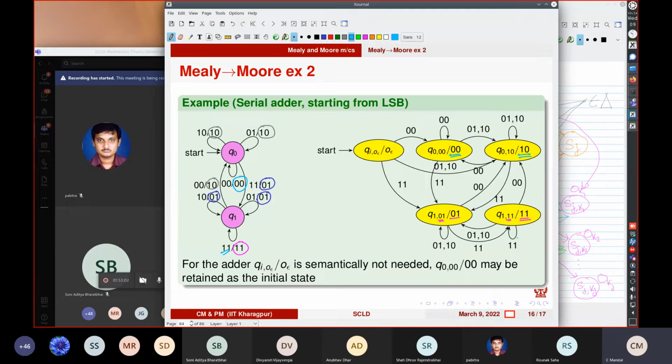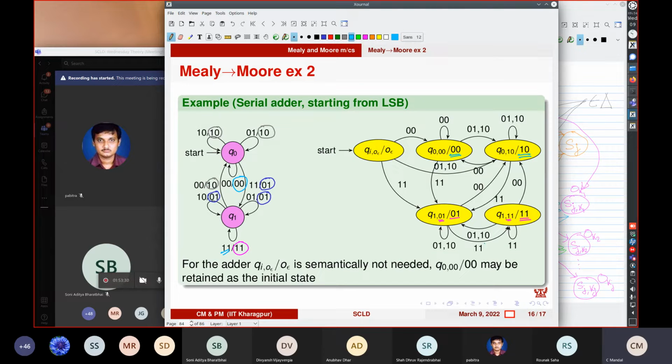So from Q1, I have the output of 1, 1 only on the input 1, 1. So from all copies of Q1 on input 1, 1, I'll come to this copy of Q1 where the output is 1, 1.